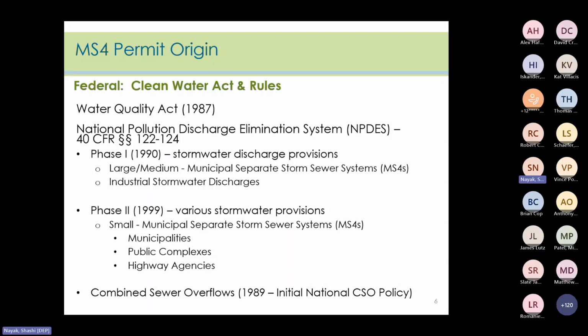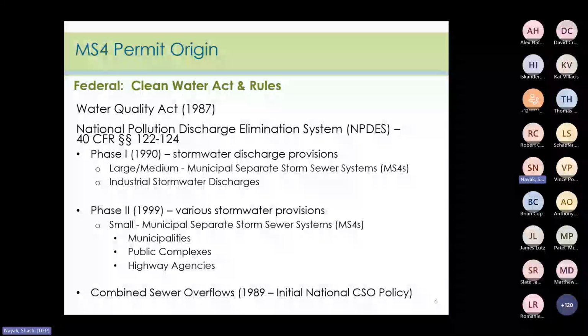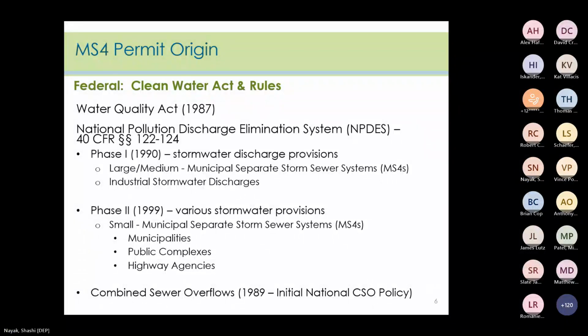Four years later, the Water Quality Act was passed, which called for increased monitoring and assessment of water bodies to ensure that water quality standards were being achieved. In November of 1990, the EPA published initial permit application requirements for certain categories of stormwater discharges, which was called Phase 1.